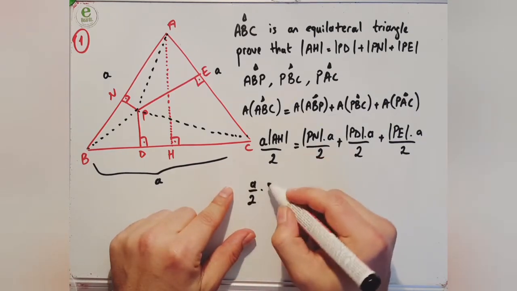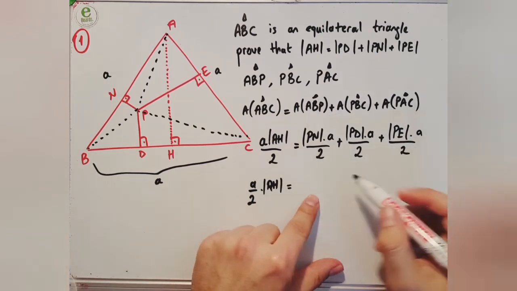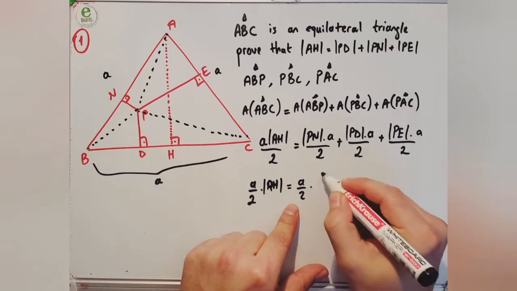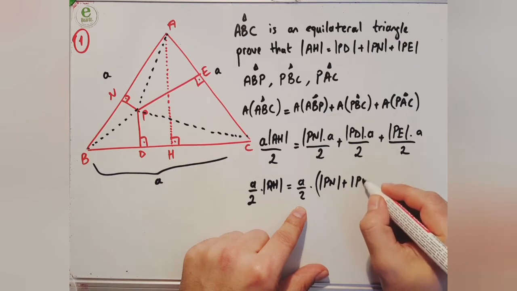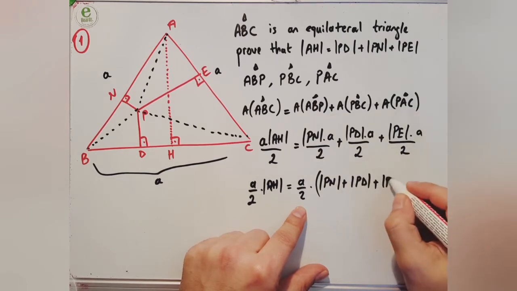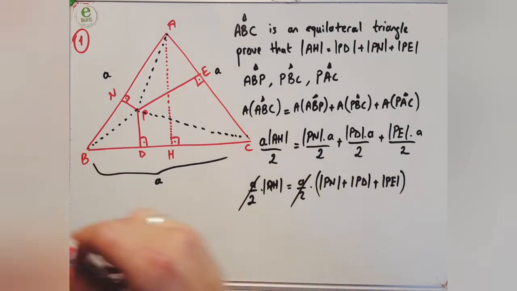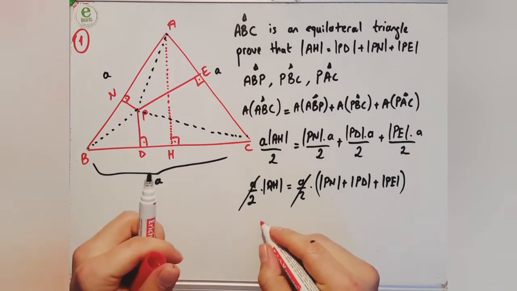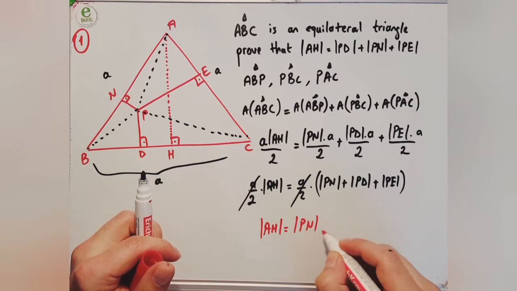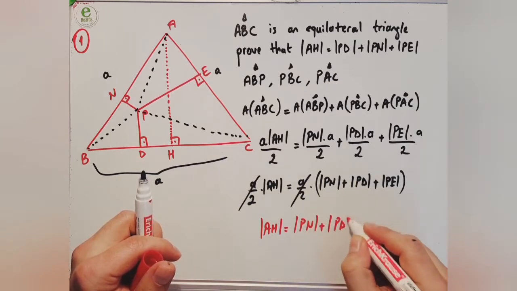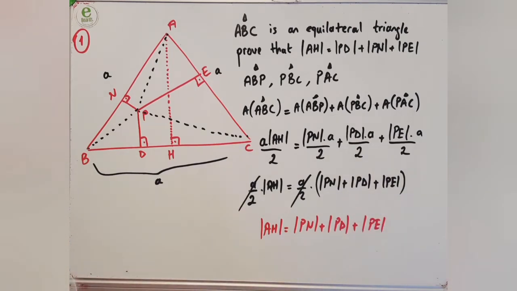So A over 2 times AH is equal to, A over 2 is a common factor, so A over 2 times PN plus PD plus PE. A over 2 and A over 2 cancel each other out. So from here we get that the length of AH is equal to the length of PN plus the length of PD and the length of PE. Okay, it's proved.